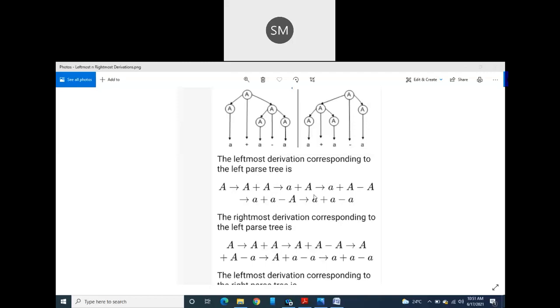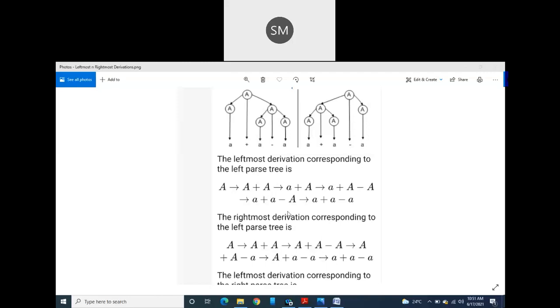Then our string generated by our grammar or parse tree is a plus a minus a. And these are all terminals. No non-terminal is present here, so these are the leaf nodes, the leaves of my parse tree.